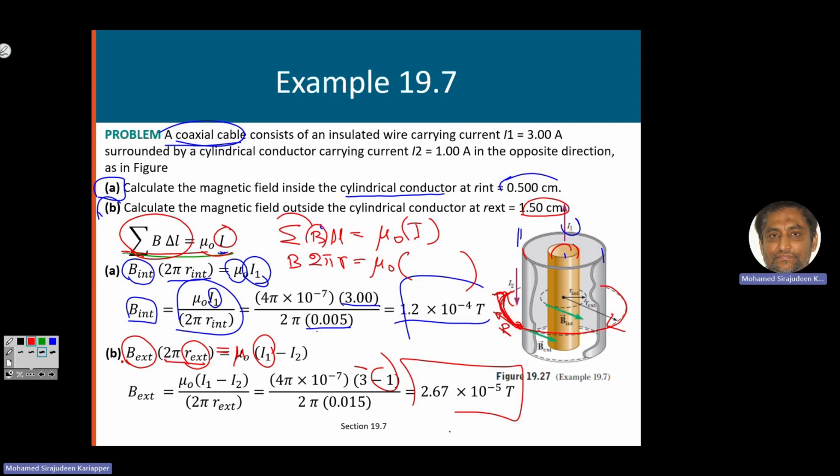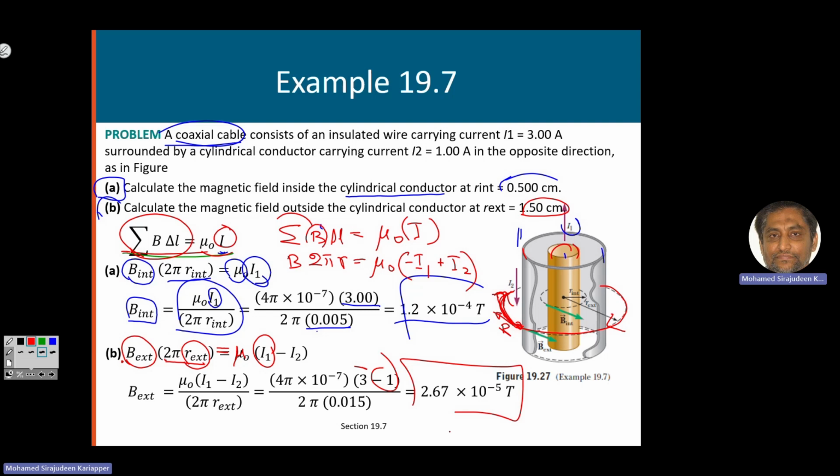Since I am going this way, down will be positive, up will be negative. So I1 will be negative, I1 is the magnitude, and I2 will be positive because you decided to go clockwise. What do you get finally?